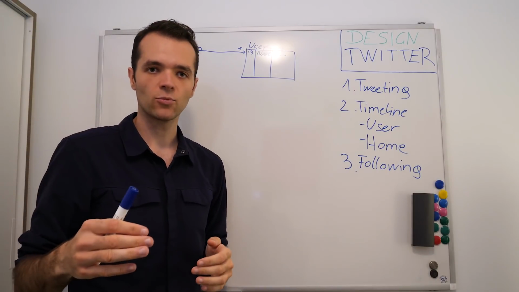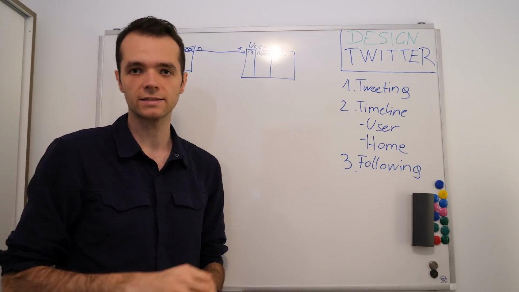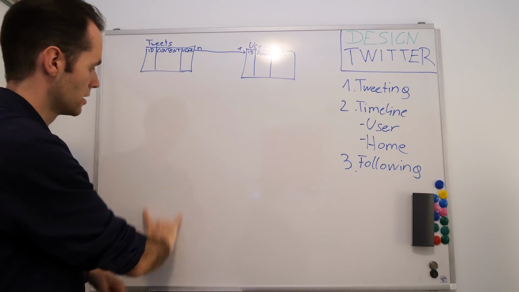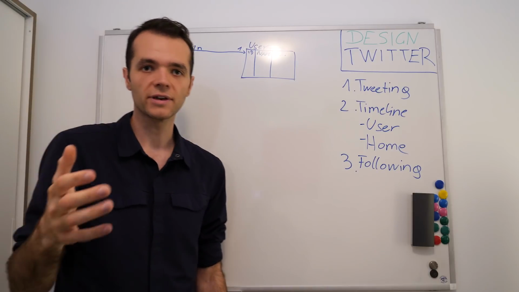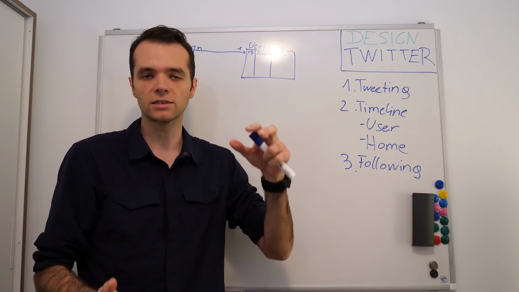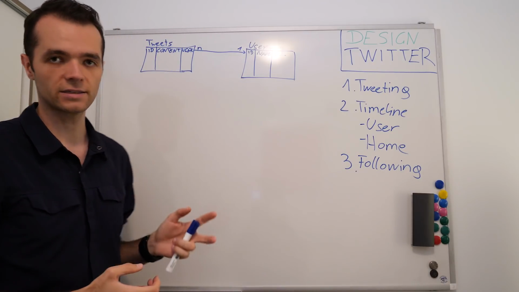So every time we access the Twitter website, we would need to do this huge select statement and scan this whole huge tweet table. So thinking about this, you already see that at some point this is impossible to do because the tweet table will get huge.